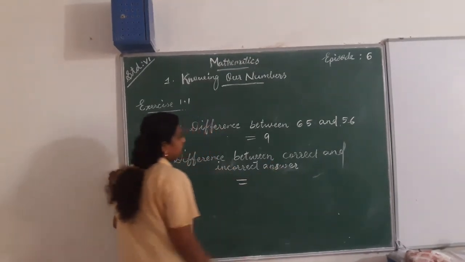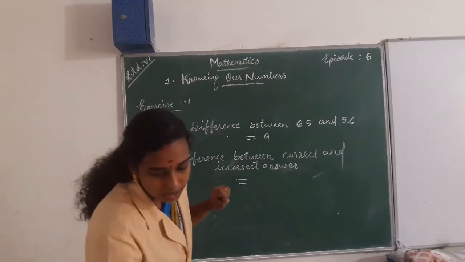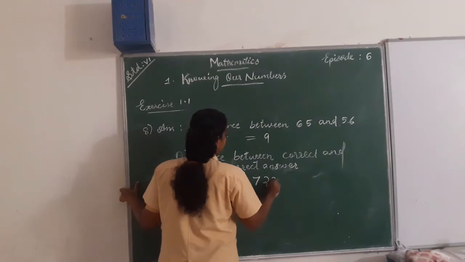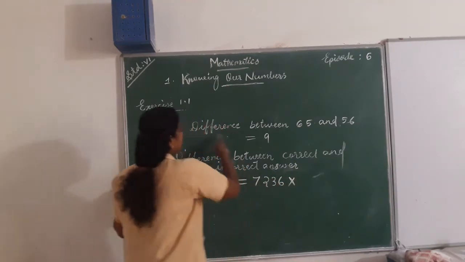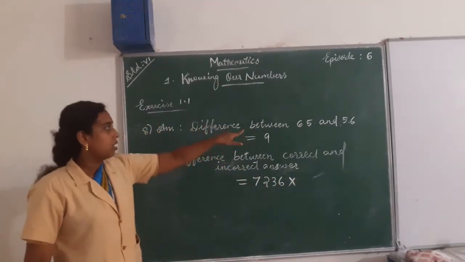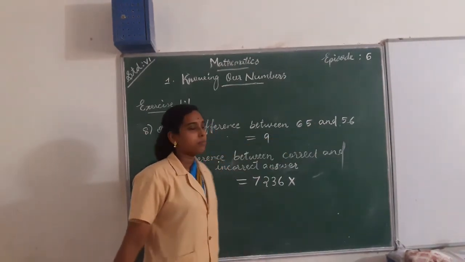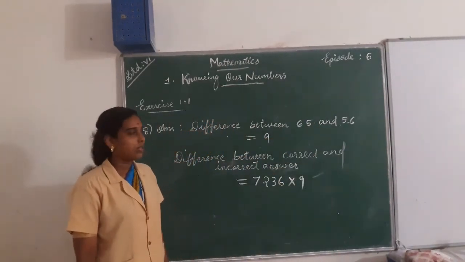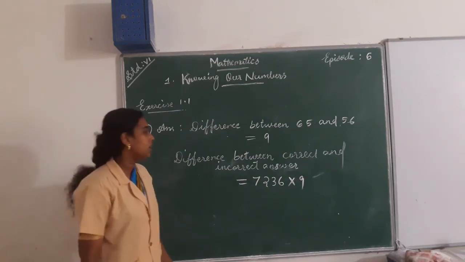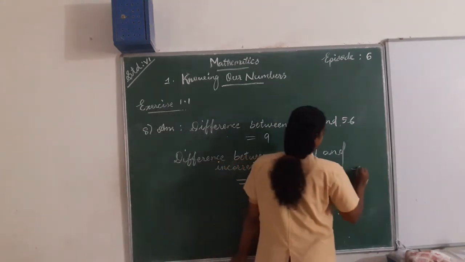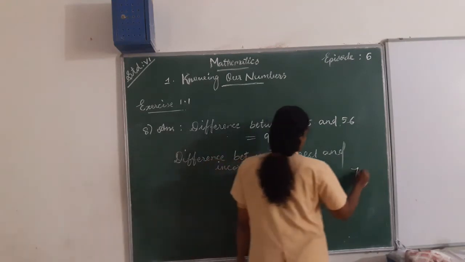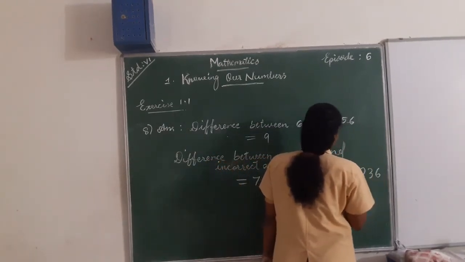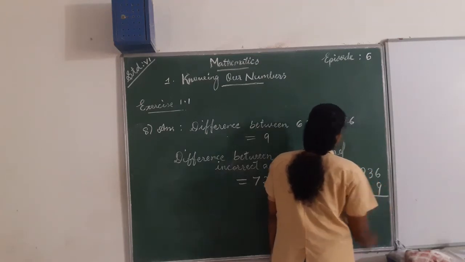We multiply the number, that is 7,236, into the difference between these two numbers, that is 9. Then we get the difference between the correct and incorrect answer. So here we got the calculation 7,236 into 9.